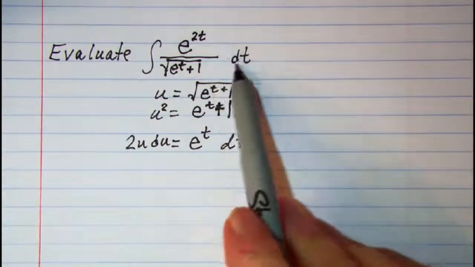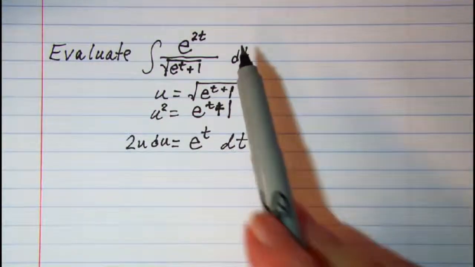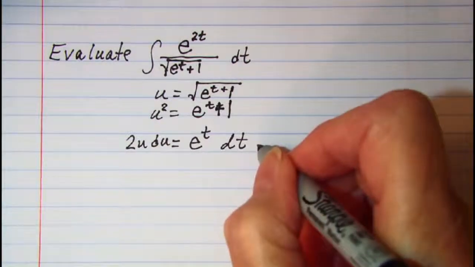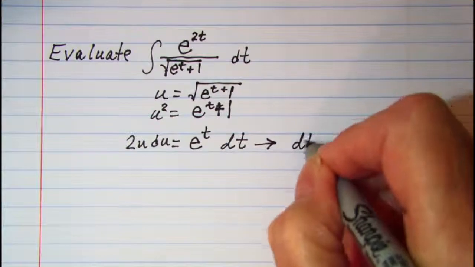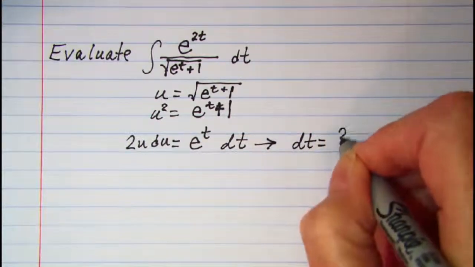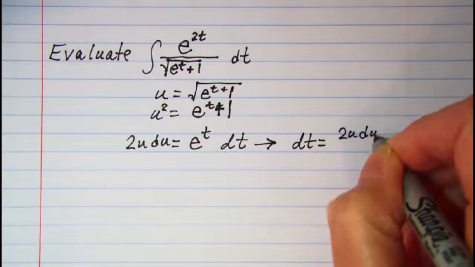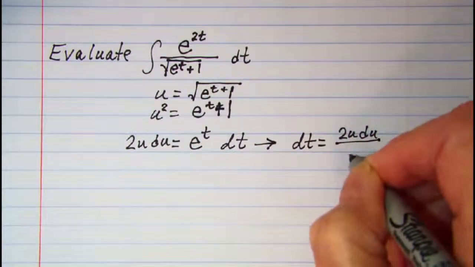So my problem then, I'm going to sub in for dt. Let me write this as dt is equal to 2u du divided by e to the t.